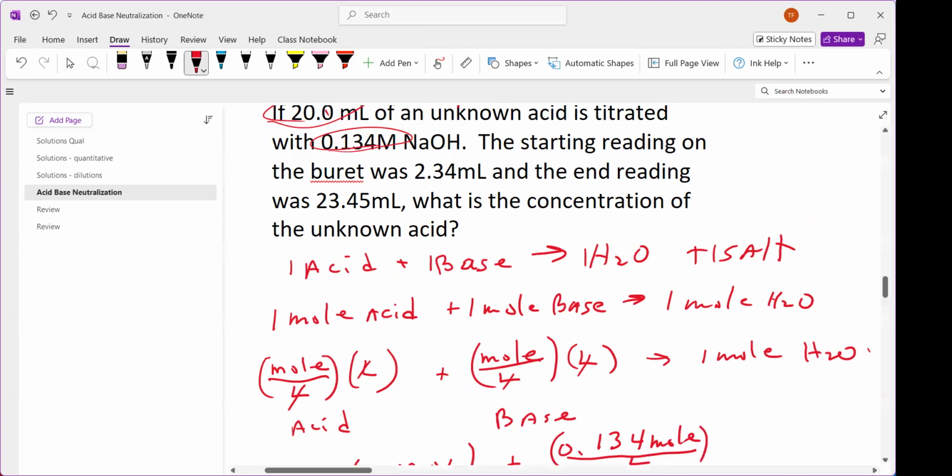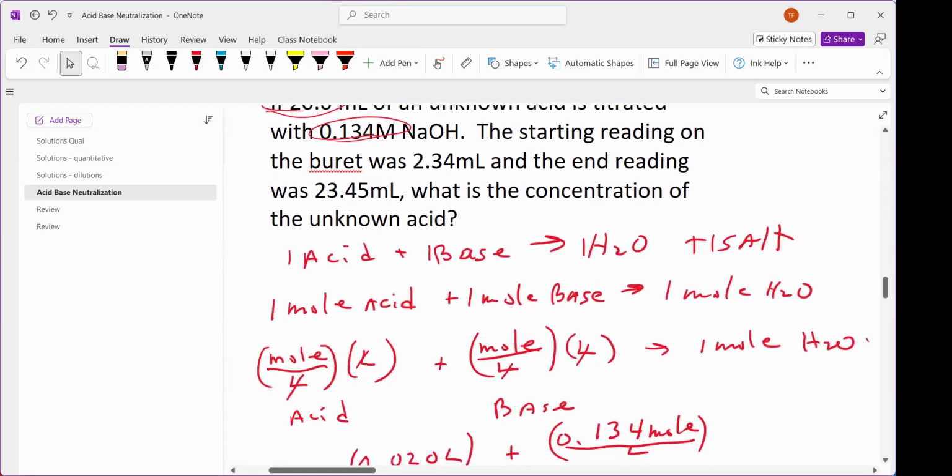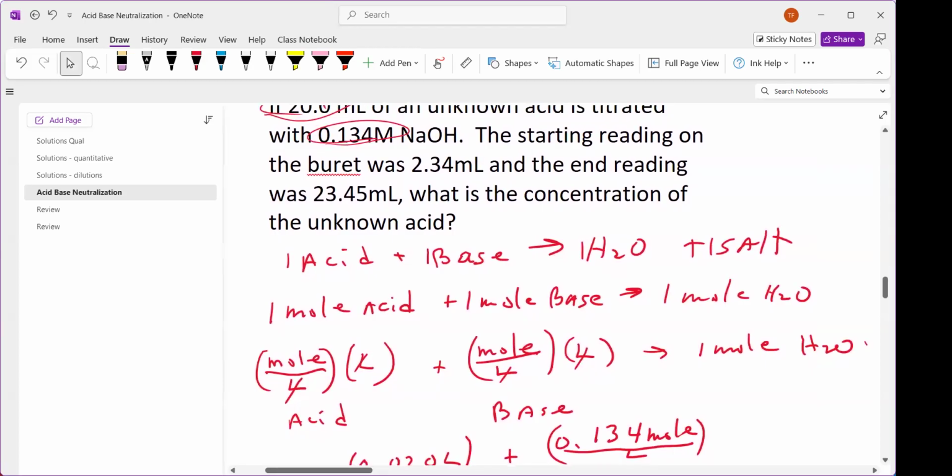That's 134. Now your goal today in lab 15 is to find the concentration of the base, which is 0.1 something. And you know the volume of the base. It's okay, the initial reading on the burette was 2.34.